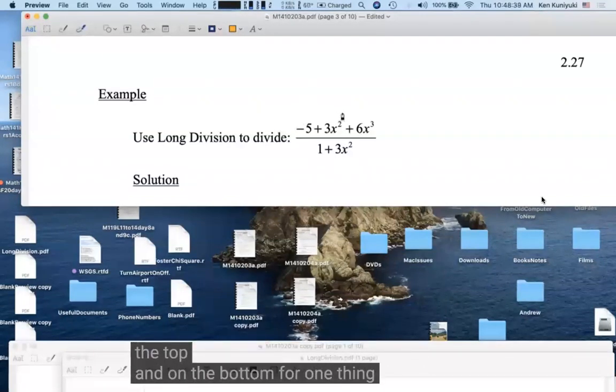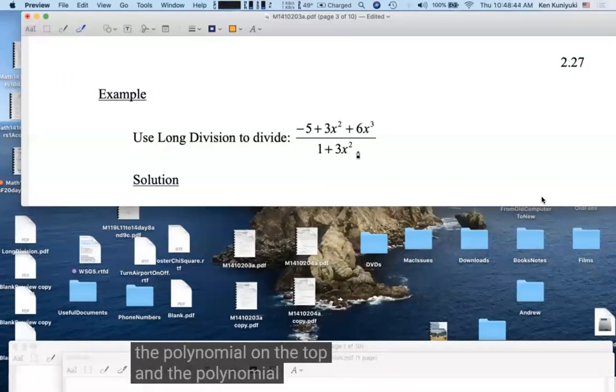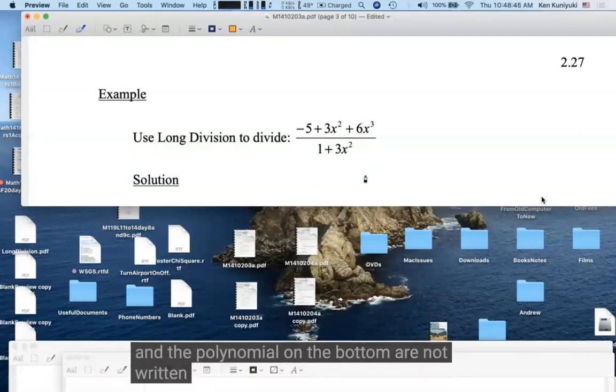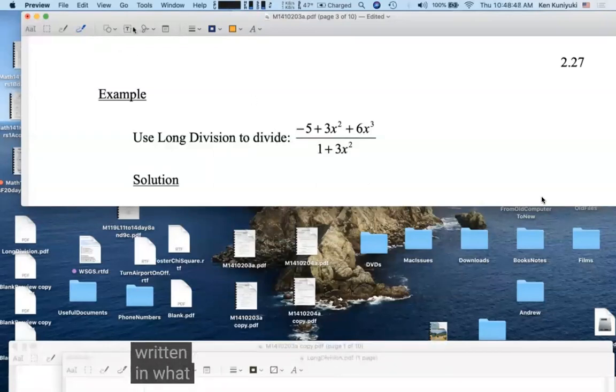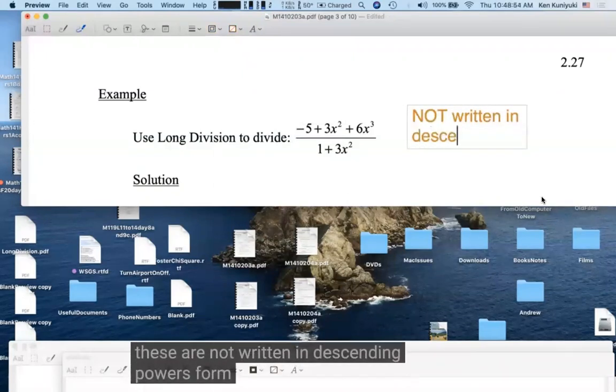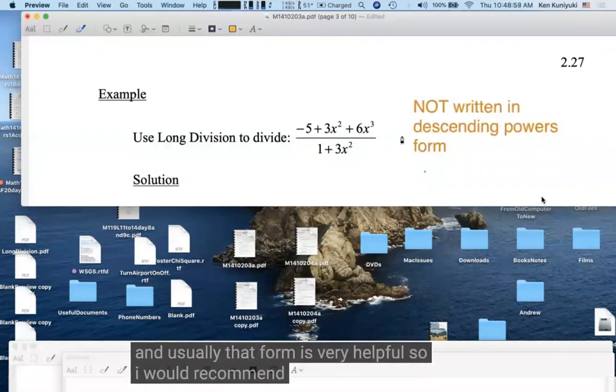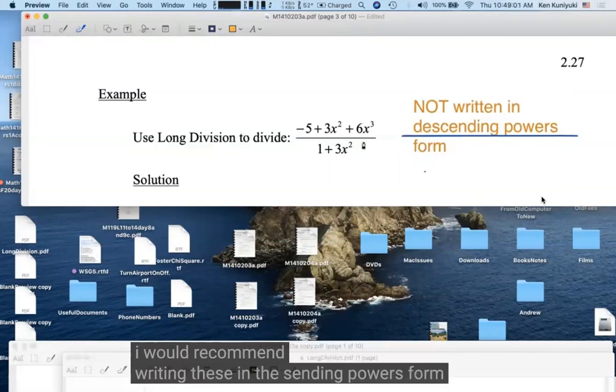For one thing, they are not written in descending powers form. And usually that form is very helpful. So I would recommend writing these in descending powers form.